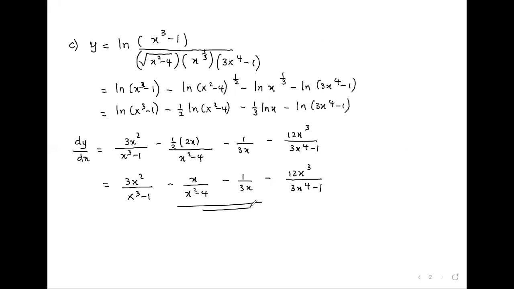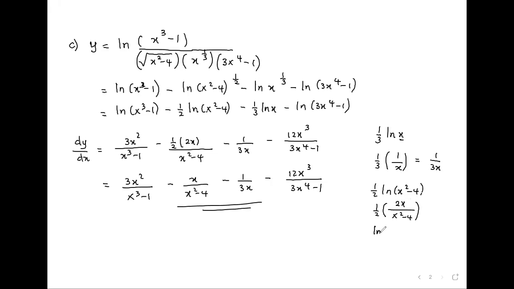So if I have 1 over 3 ln x, 1 over 3 is a constant multiplied by, I differentiate x, the derivative of x is 1, and then divide by x. This is going to be 1 over 3x. If I have 1 over 2 ln of x squared minus 4, 1 over 2 is a constant coefficient, and then I multiply by, I differentiate x squared minus 4. You get 2x, and divide by x squared minus 4.